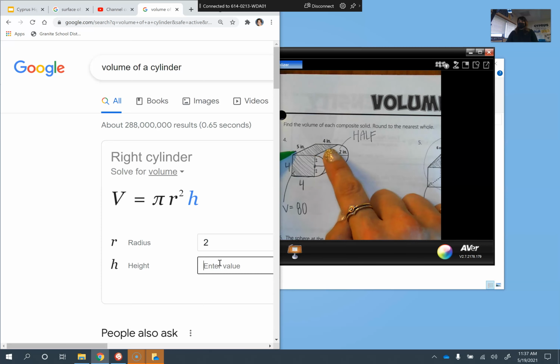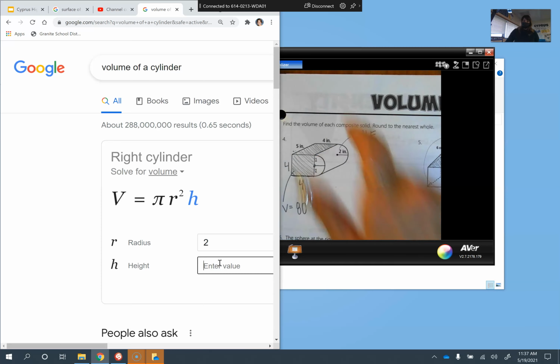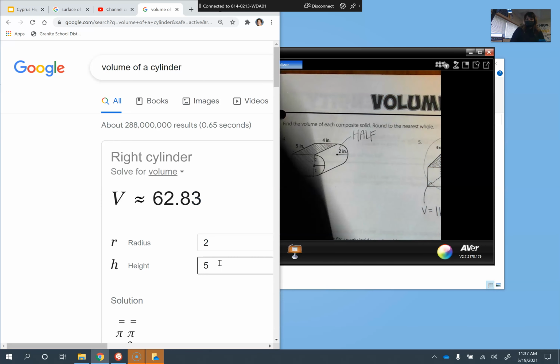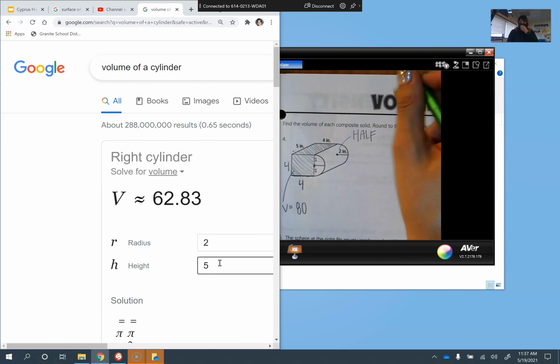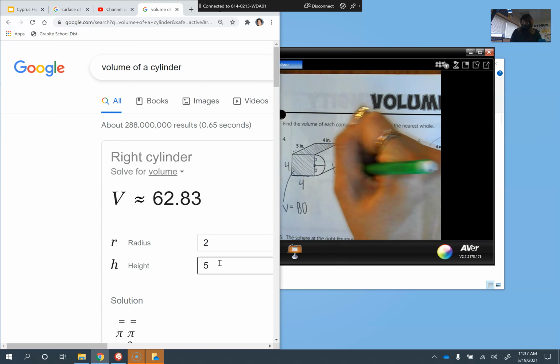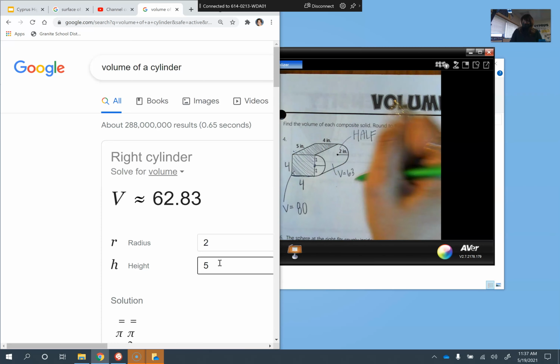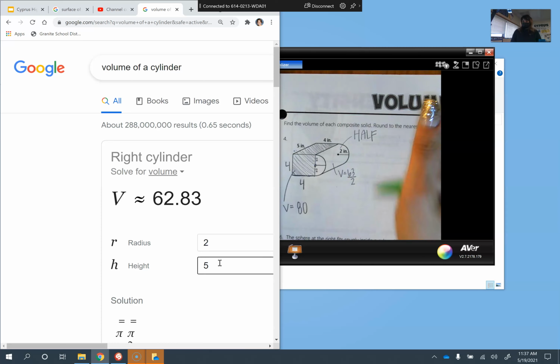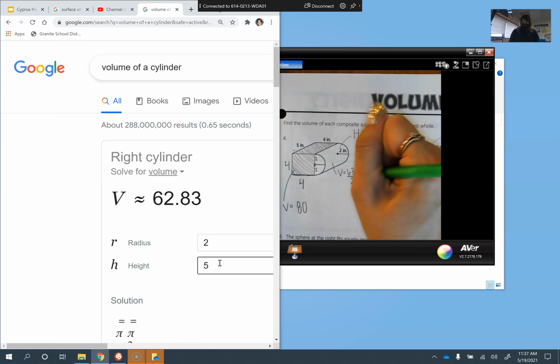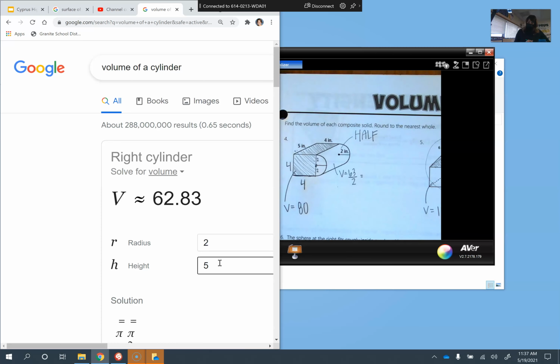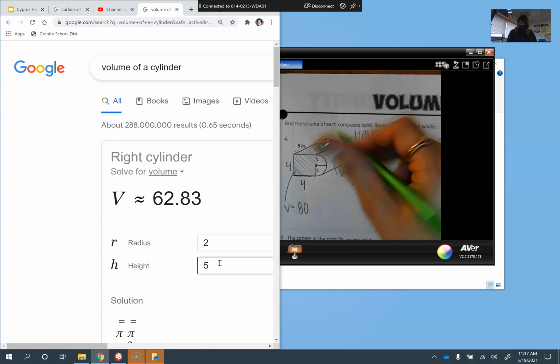So that would be 5. So let's round that up to 63. And then let's cut it in half. So 26.5. Is that half of 63? Not even close. 31.5?